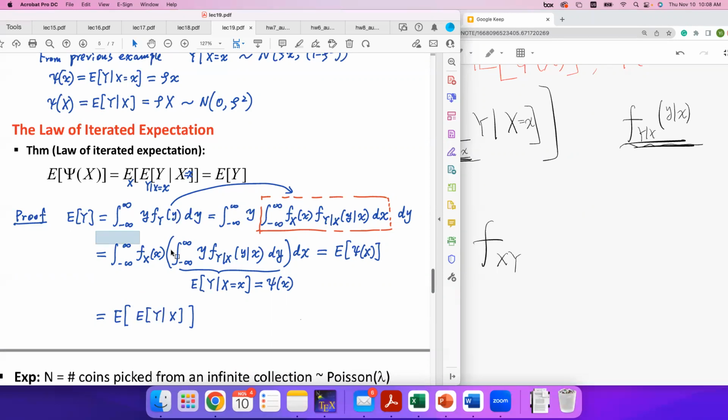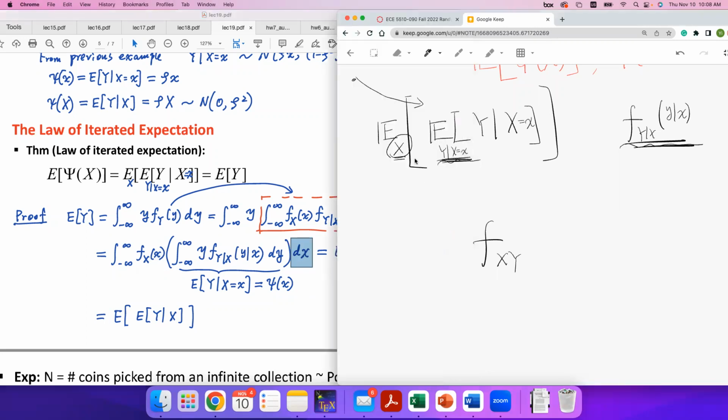So from this integration, you can see that the outer expectation corresponds to the outer integration. So the outer expectation is handling the randomness of the random variable x. That's why here we commented that this expectation is over x.